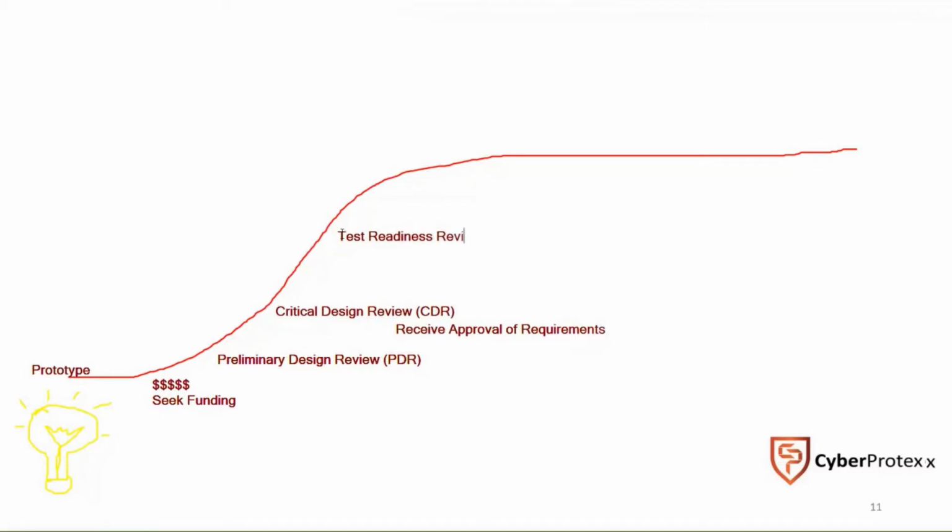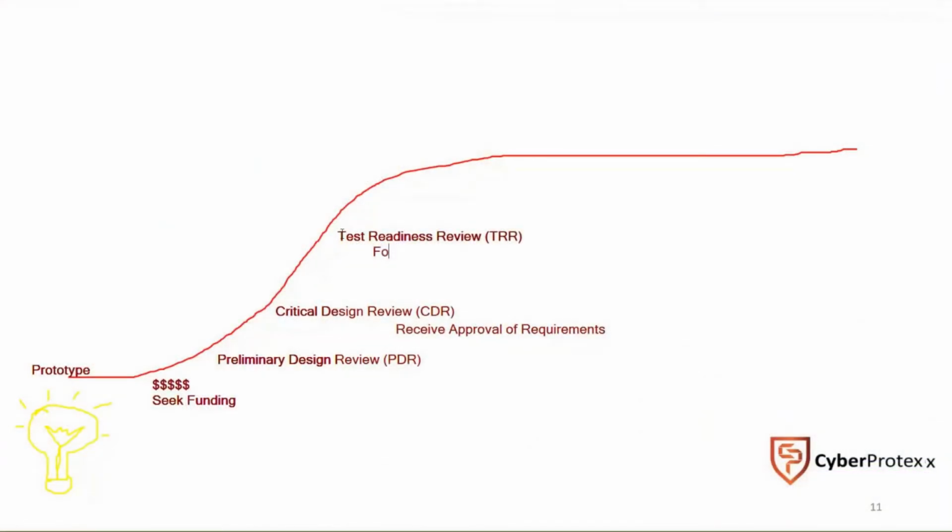And this test readiness review, or the TRR, really is an acceptance test that allows us to hopefully be able to what's called a formal qualification test, or an FQT.